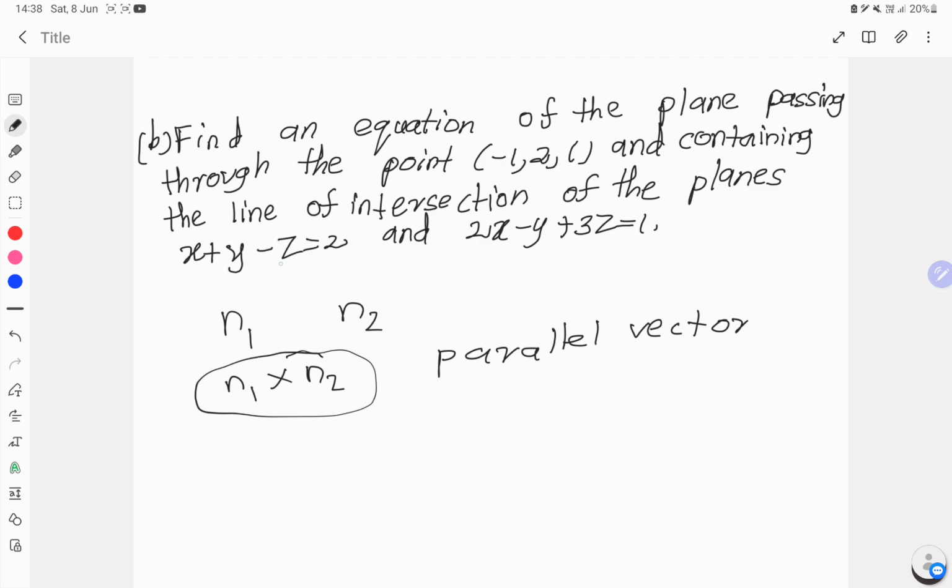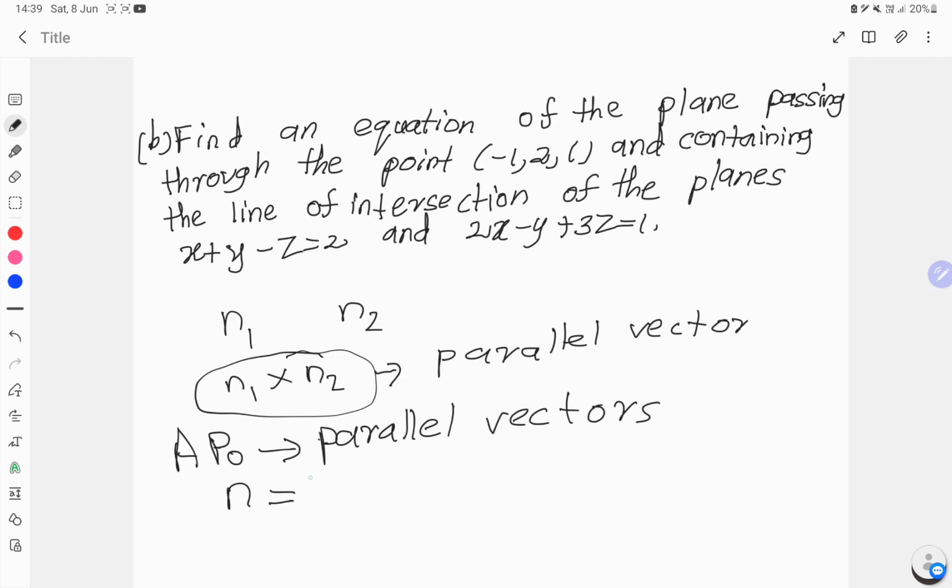Next we substitute z equals 0 in those planes. Then we find another point P naught. We already have the A. Therefore AP naught vector we can find. Then this is also a parallel vector. Therefore we take a cross product of this output and this parallel vector. Both are parallel vectors, therefore the cross product of parallel vectors gives the normal vector.